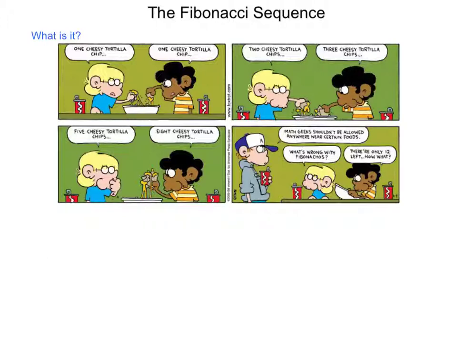And you can see they have one cheesy tortilla, then another one, then two, then 3, 5, 8. Then Math Geek should not be allowed anywhere near certain foods, and he asks what's wrong with Fibonaccios, similar to Fibonacci. Then his friend says there's only 12 left. Now what?